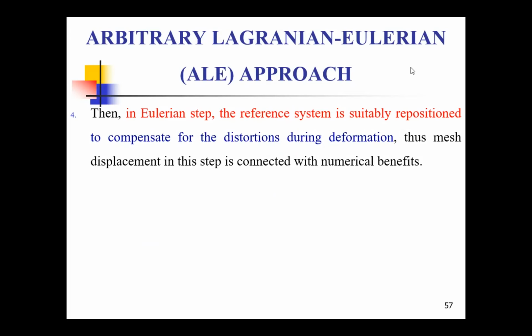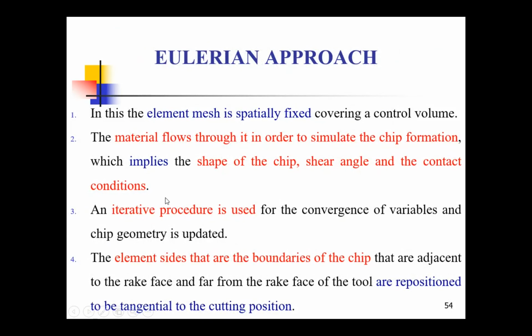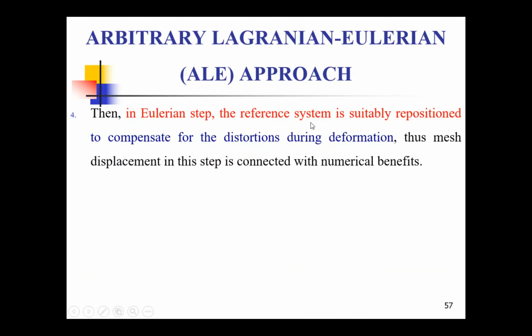Then in the Eulerian step, the repositioning of the element takes place. Previously we can see here in the Eulerian, that is the fourth point, you can see the repositioning to be tangential. The element sides are repositioned to be tangential to the cutting position. That we are going to use here.